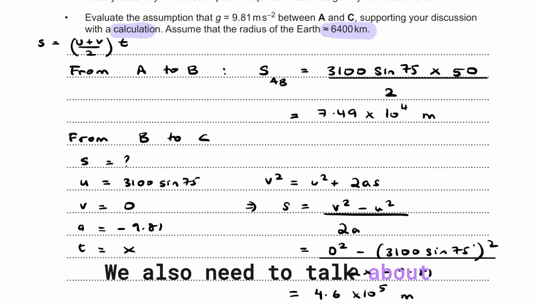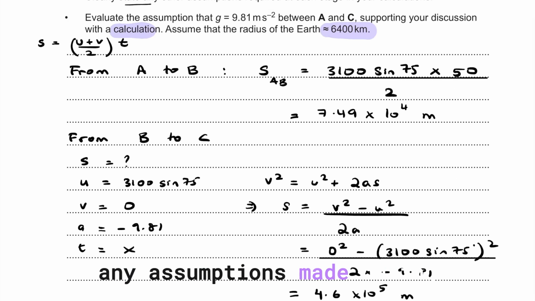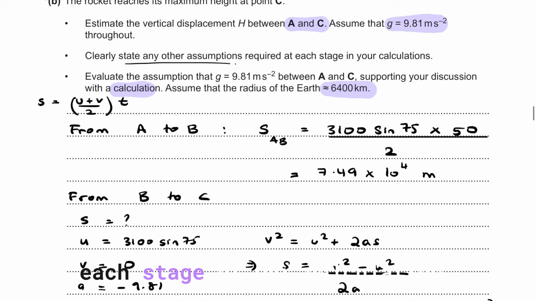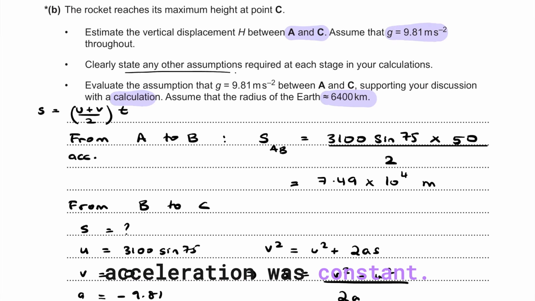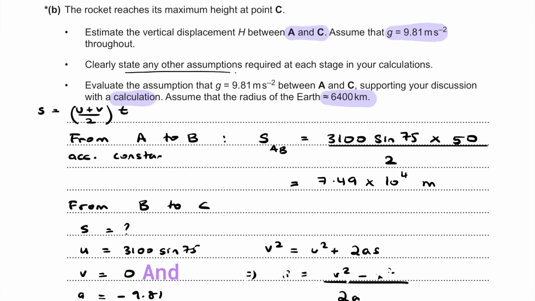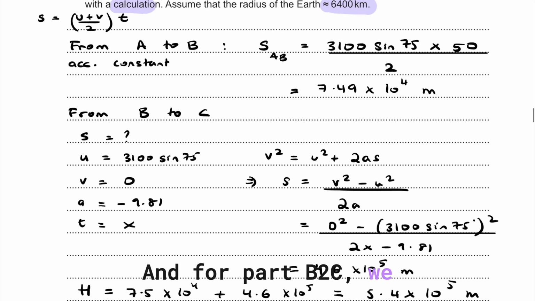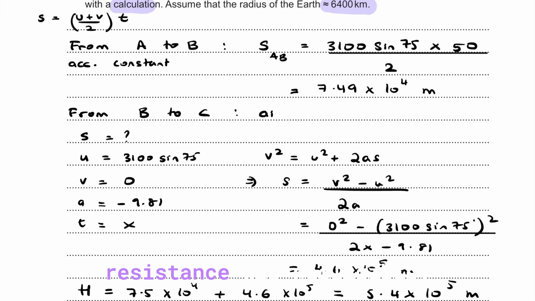We also need to talk about any assumptions made during each stage of our calculation. For instance, from A to B, we assumed that the acceleration was constant. And for B to C, we assumed that the air resistance was negligible.